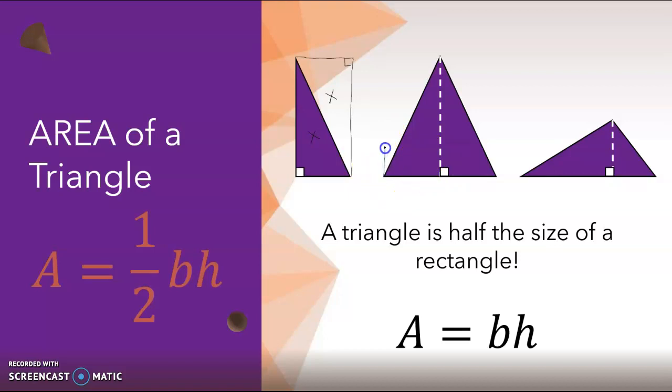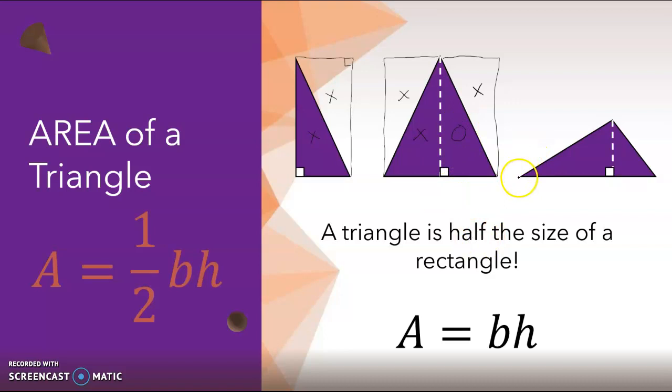So if I draw a vertical line here, and a horizontal line here, and a vertical line here, and a horizontal line here, I have a rectangle that is made of 2 of the same types of triangles. So it is half the size.